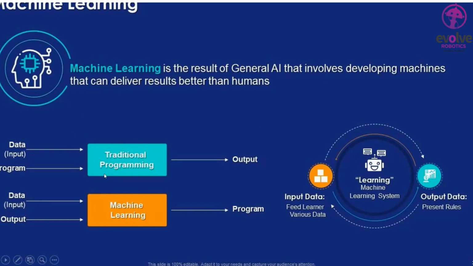Here you can see, in traditional programming, there are two different approaches to solve any problems using computers, right? The first one is traditional programming and the second one is machine learning. Let us see what is the difference between these two.